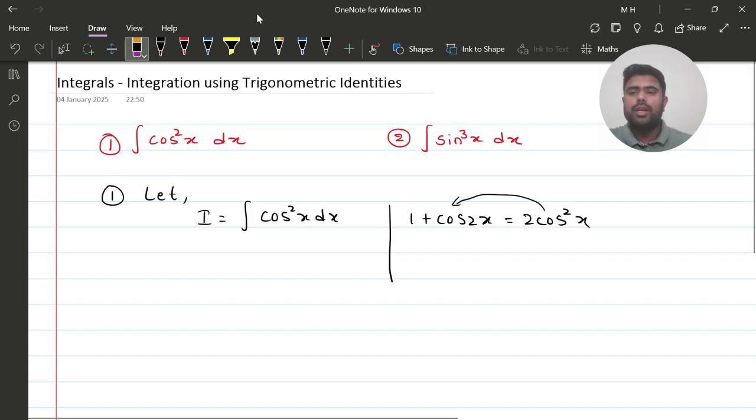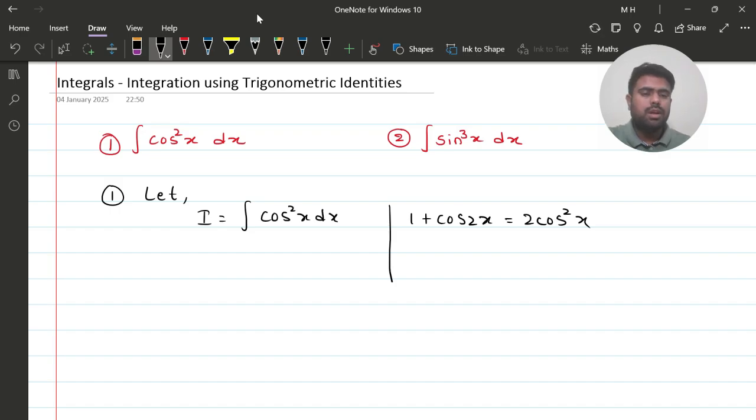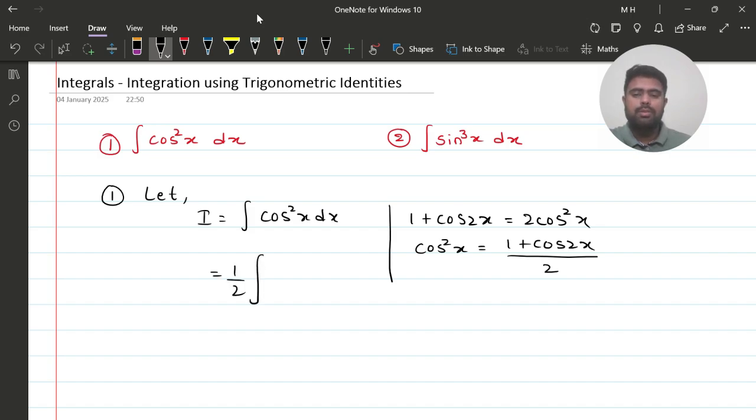So now look, cos square x, if I take this 2 to the other side, I'll get cos square x is equal to 1 plus cos 2x whole divided by 2. So can I write this as 1 by 2 outside, the remaining would be the integral of 1 plus cos 2x dx, right? So what will this give you?